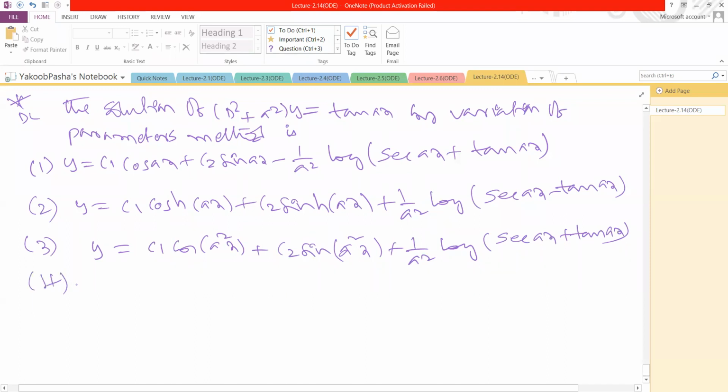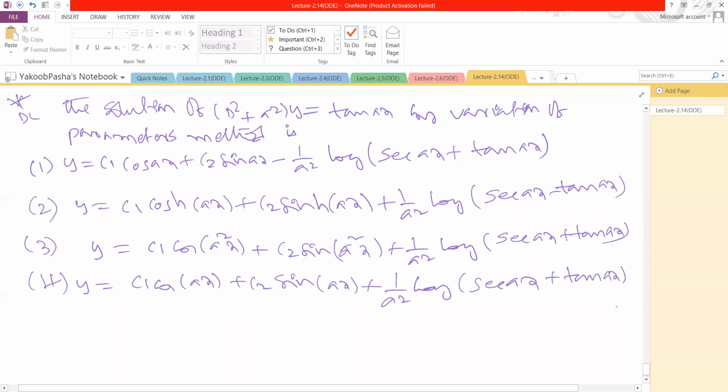And the last option, y equal to C1 cos ax plus C2 sin ax plus 1 by a square log secant ax plus tan ax.